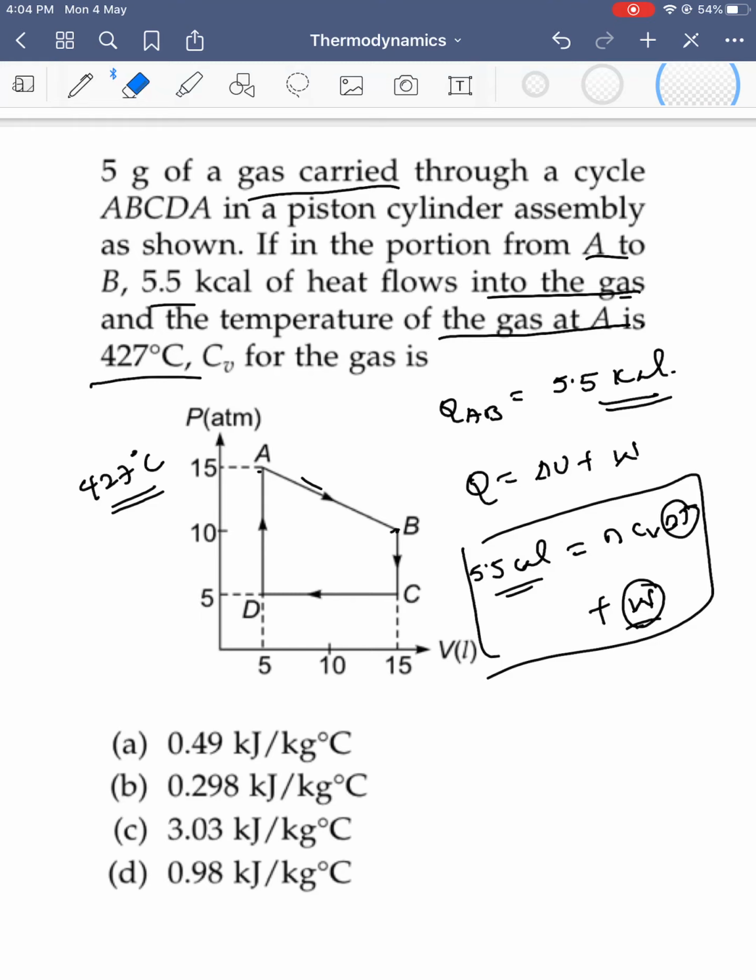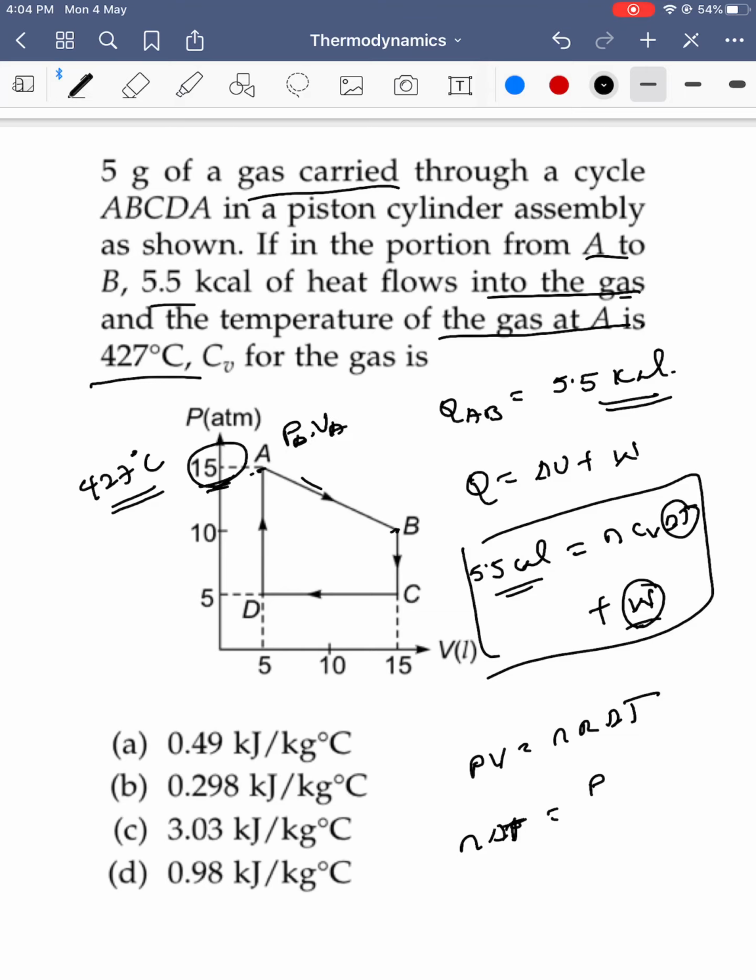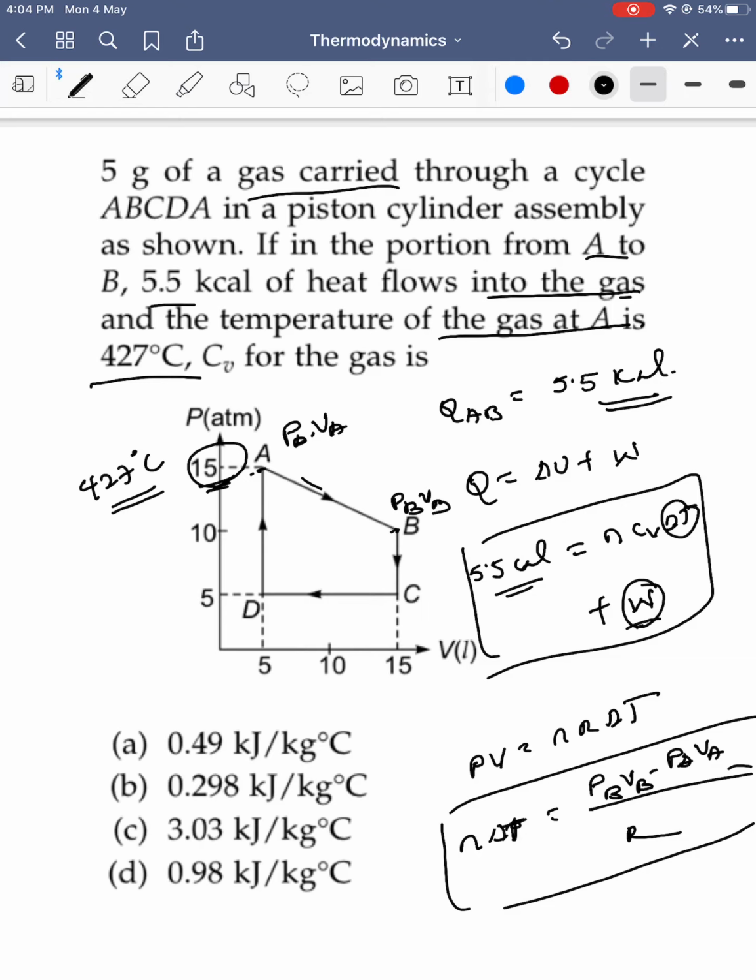PV is equal to nR delta T. So n delta T is nothing but, we can substitute here. We know the values PA and VA, and here we know PB and VB. So to get n delta T, it is PB VB minus PA VA by R. If we substitute this instead of n delta T, you can simplify and get the value.